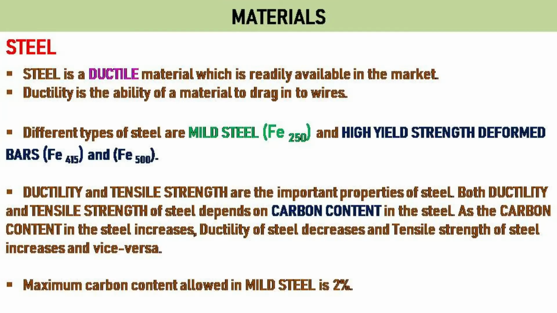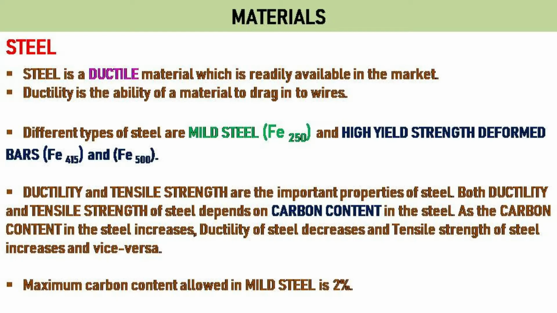Slide 2. In this slide we will study about our reinforcing material, steel. Steel is a ductile material which is readily available in the market. Ductility is the ability of a material to be drawn into wires. The different types of steel bars used in designing are mild steel and high yield strength deformed bars. Mild steel is of grade Fe 250.